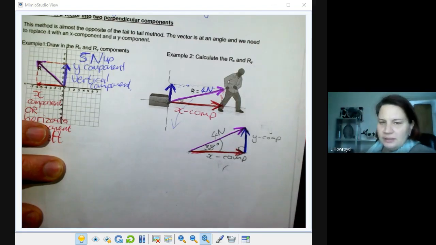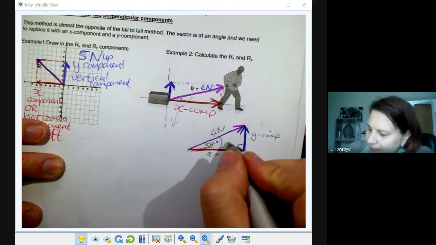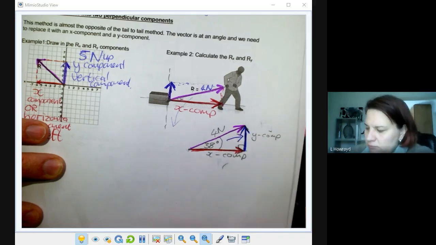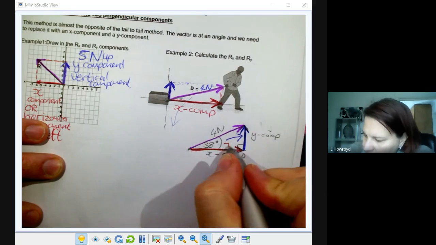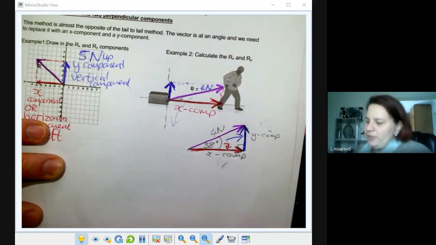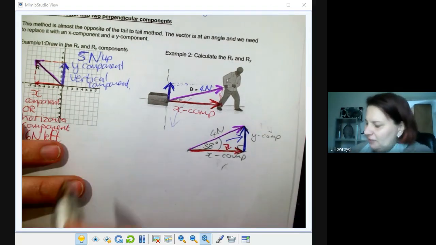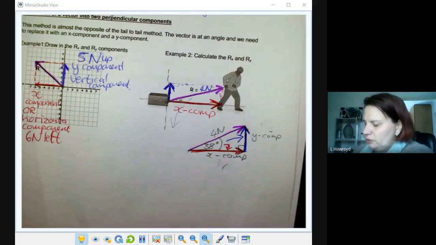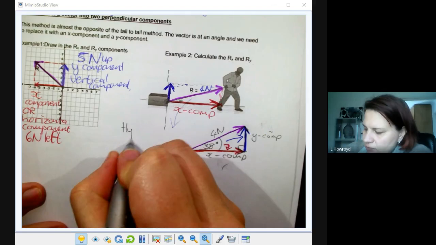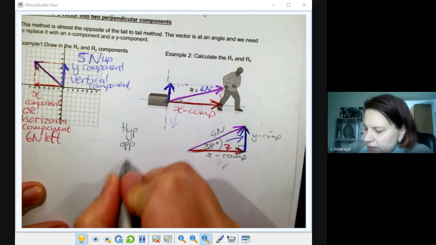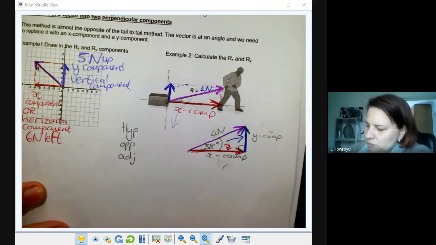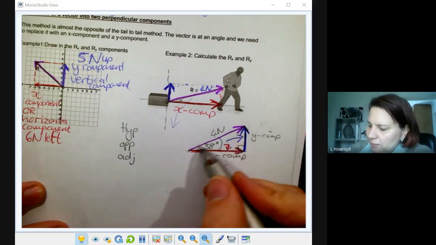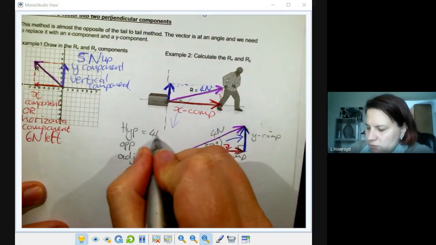So now we can look at our trigonometry. I need that one, and I need this one. So what's the one we have? Remember, we've got Pythagoras. We've got hypotenuse. Okay, we've got hypotenuse, opposite, and adjacent. So we know that our hypotenuse is 4 newtons.